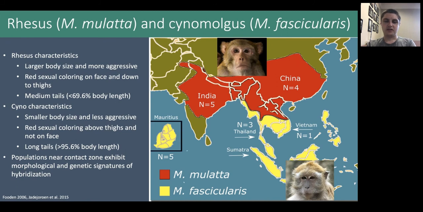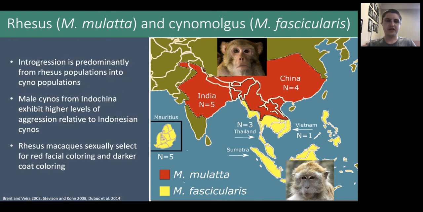And also in the contact zone, you can see in Indochina, there are clear genetic and morphological signatures of hybridization between these species. And so morphologically, that shows as basically a mixing of these traits to some degree. Some other facts potentially relevant to reinforcement are that introgression is predominantly from rhesus populations into cyno populations.